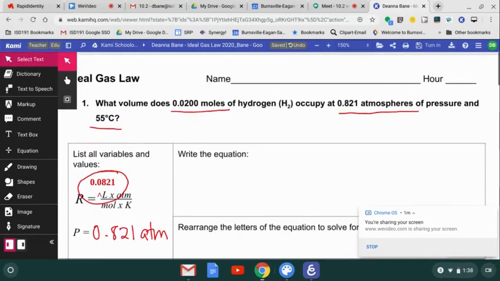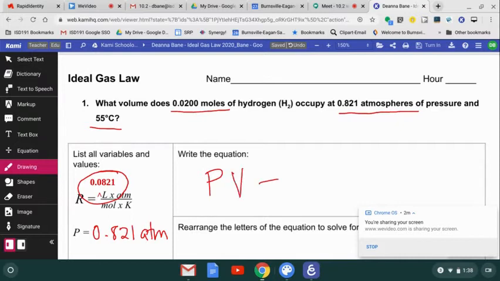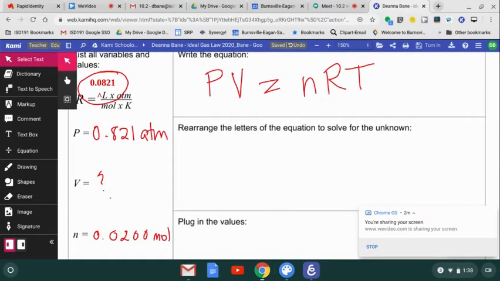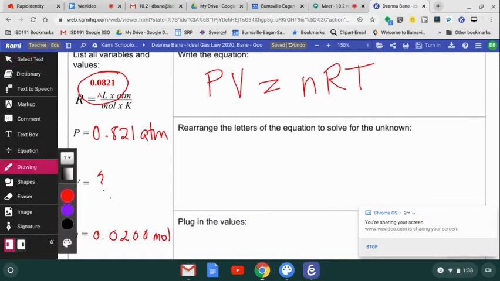When we're doing the problem, the first thing we do is to write the equation. And the equation for the ideal gas law is PV equals nRT. And then we need to rearrange it to solve for the variable that we're looking for. Volume is the one we're looking for.